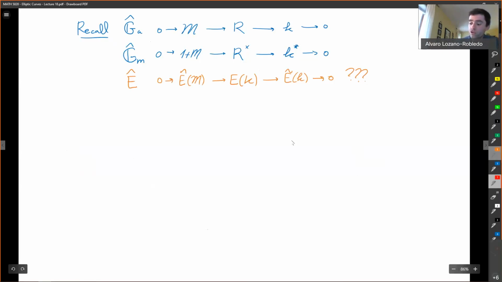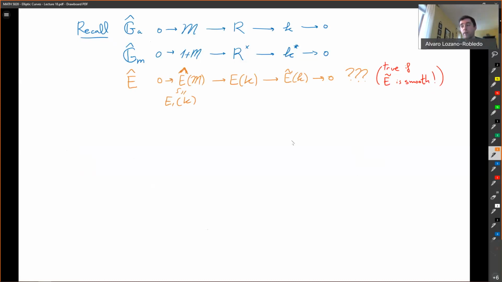So this is going to be true if E is smooth. Okay, so that's what we are going to prove right now by simply proving that this and this are isomorphic, that E1 of K and E hat of M are isomorphic. All right, so let's prove that.